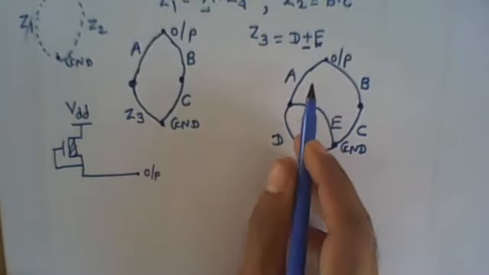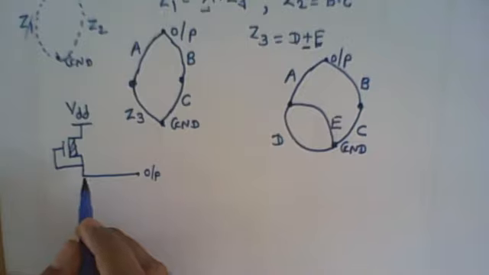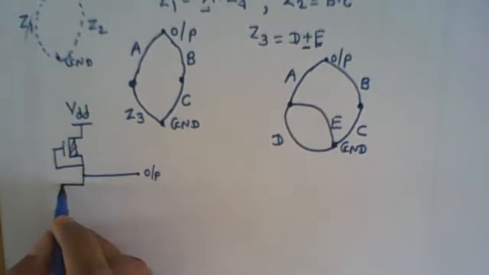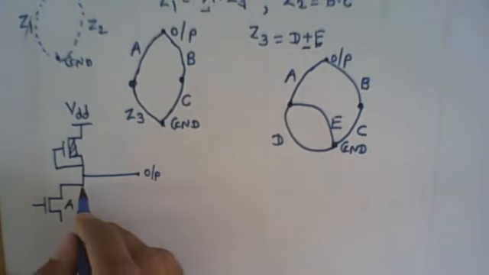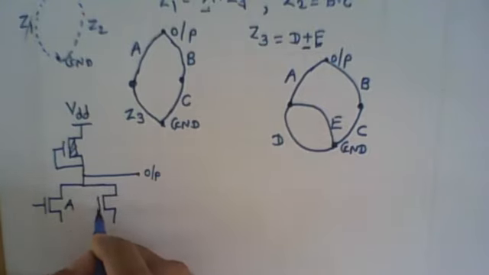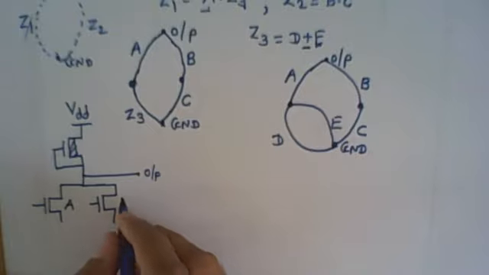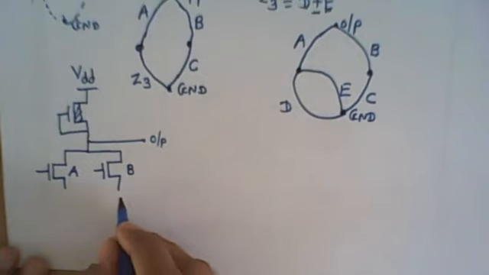So first, A and B both go into parallel paths. Here is MOSFET A, and this parallel path is for MOSFET B, and MOSFET B and MOSFET C are in series.